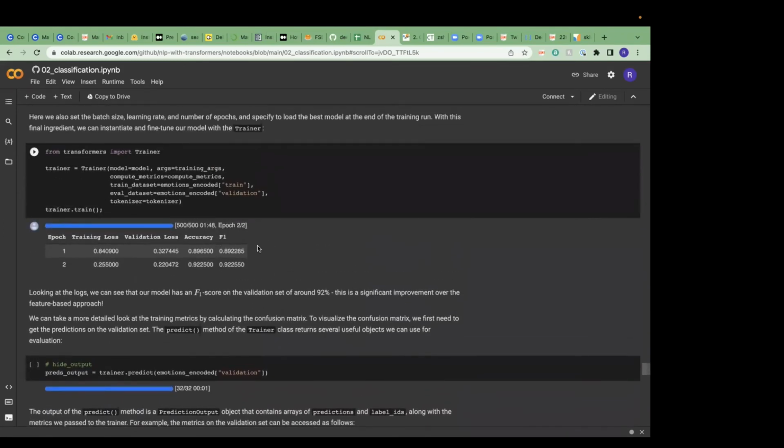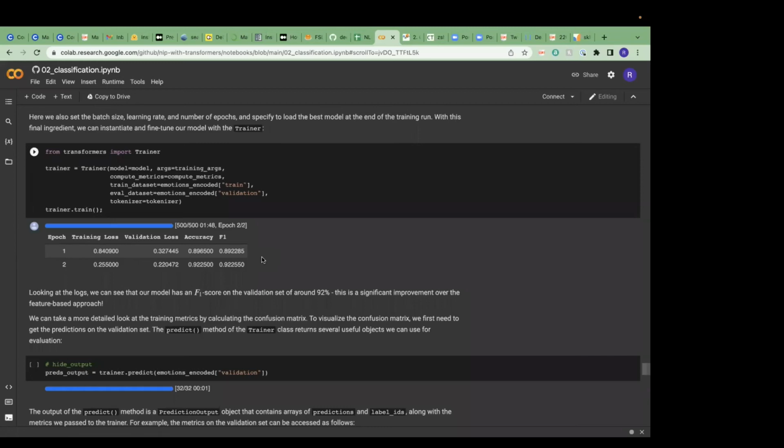And that's a general pattern: fine-tuning the whole model is, in a lot of cases, going to perform better than a fixed feature extractor, just by the nature that you're tailoring more things to work well with your data.